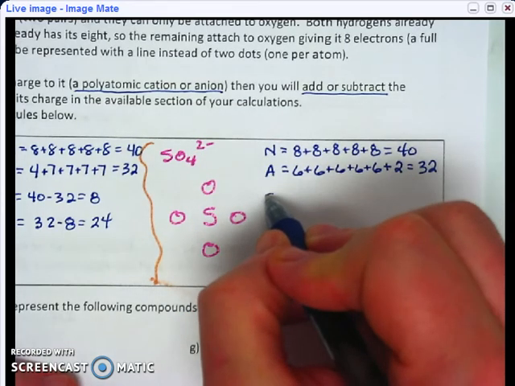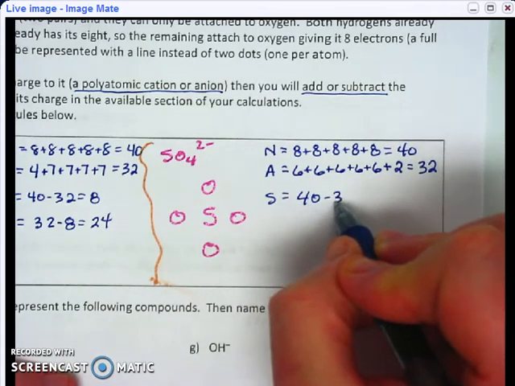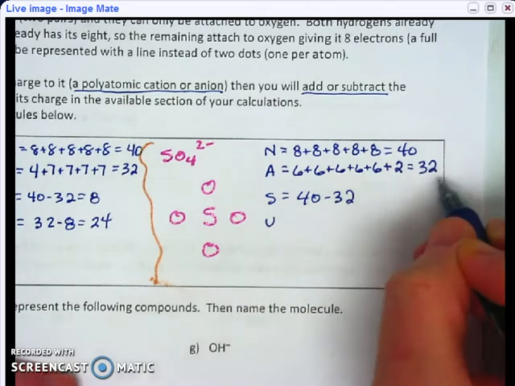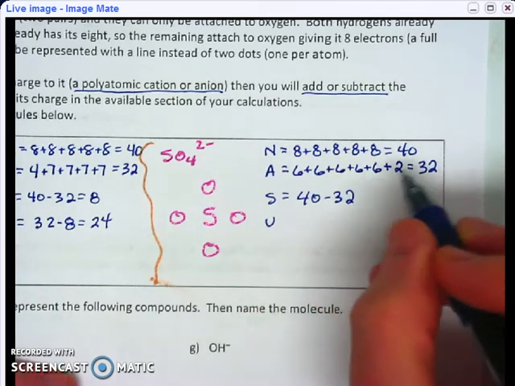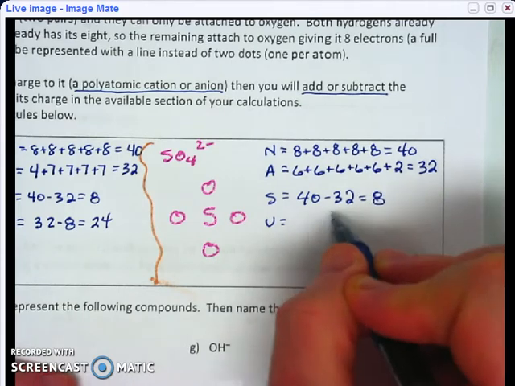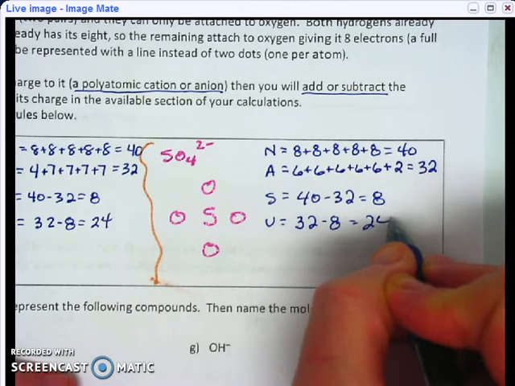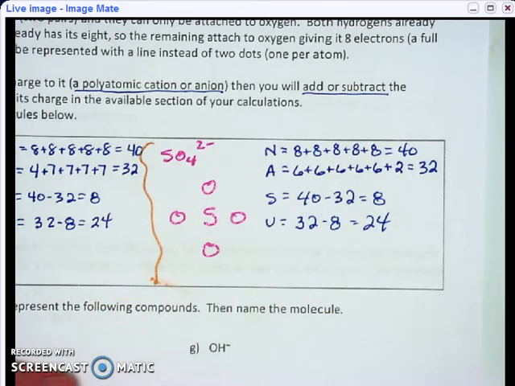So my shared, again, 40 minus 32. My unshared, again, is A minus S. So it's, oops, sorry. It's going to be 32 minus 8. Gives me 24 again. I know it's the same numbers as what we just had over there.